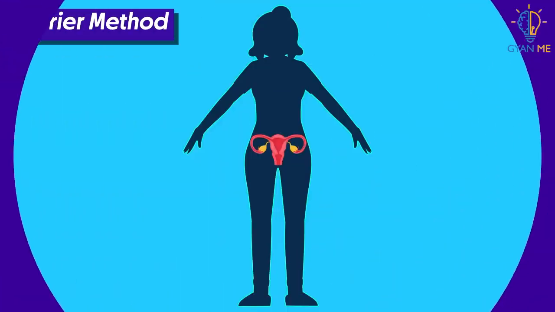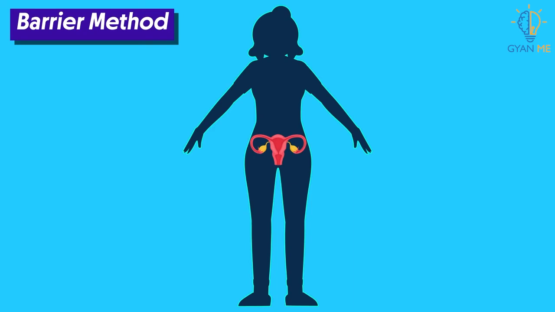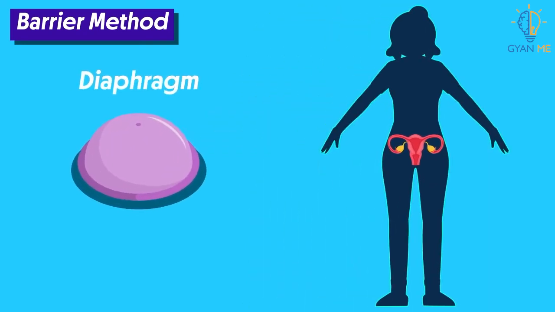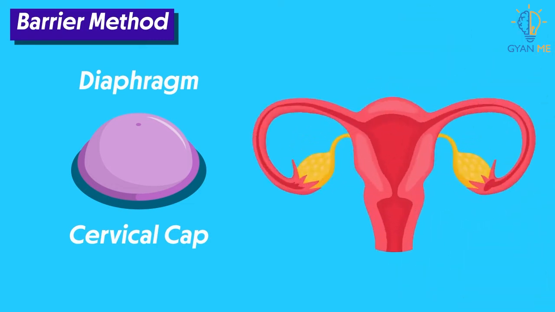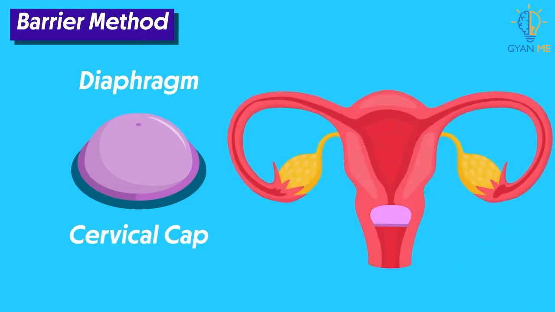Now, for females, the commonly used barrier is the diaphragm. It is also called a cervical cap. Vaginal diaphragm fitting into the vagina or cervical cap fitting over the cervix are commonly used. This prevents the entry of sperms into the uterus and thus prevents pregnancy and controls birth.